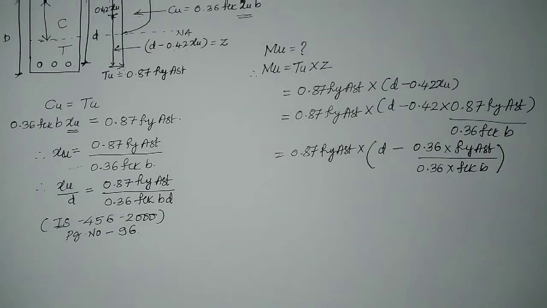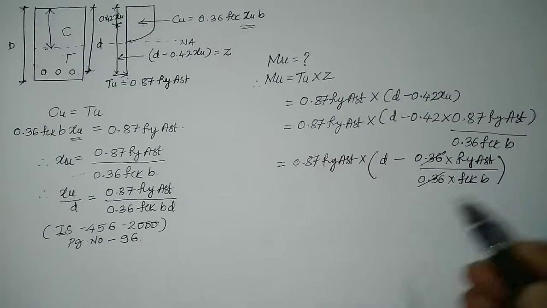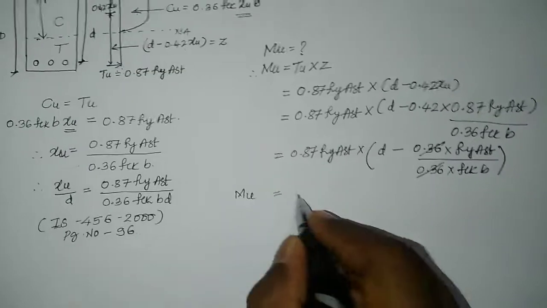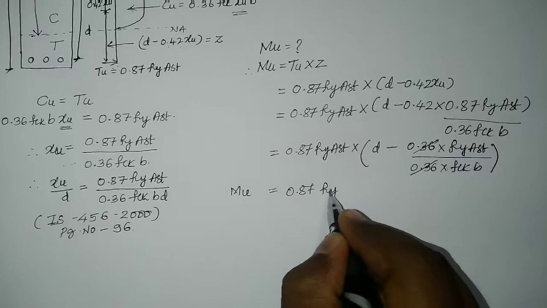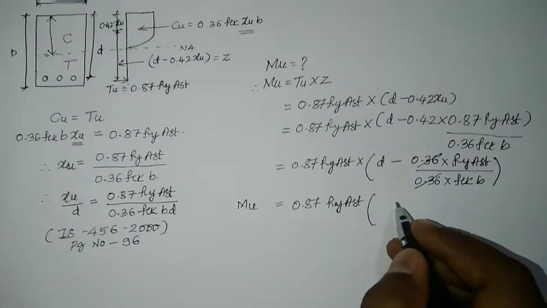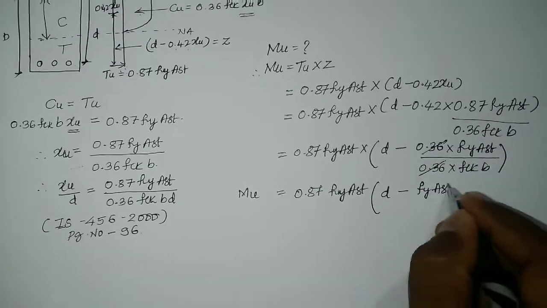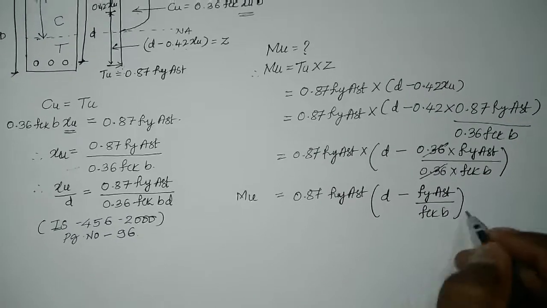Now, simply these will cancel each other. So Mu is equal to 0.87 fy Ast into bracket D minus fy Ast divided by fck B.